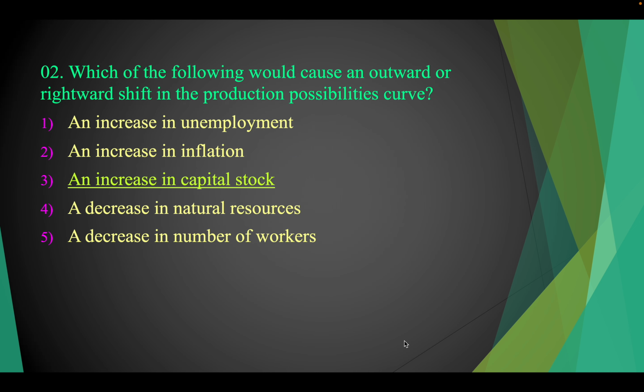Then second question. Which of the following would cause an outward or rightward shift in the production possibilities curve? That means the production possibility curve shifts rightward. Here the first answer, an increase in unemployment. How to show the increase in unemployment?